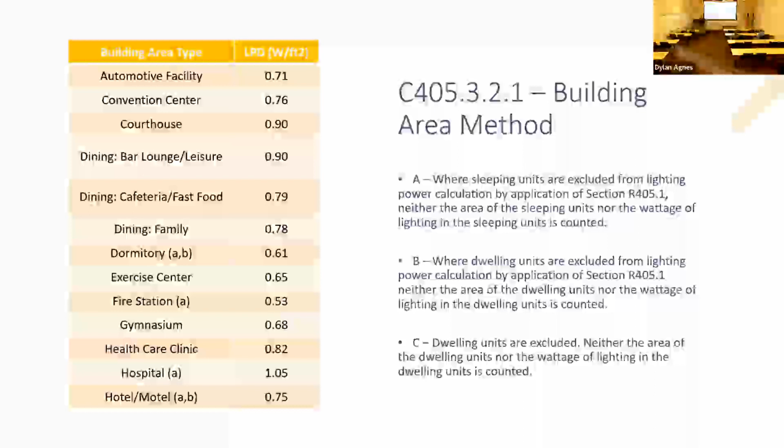And so we're not going to penalize you for that, especially since that is your building typology. That's the purpose of your building. So there are exceptions to that. Keep in mind, A is for sleeping units and B and C is for dwelling units. They are defined differently in the code. That pretty much deals with the residential section. So you can go look that up in the following section, 405.1.